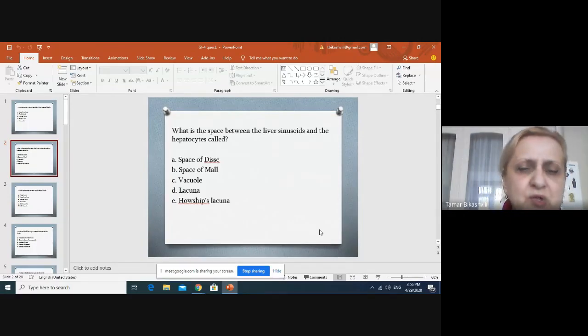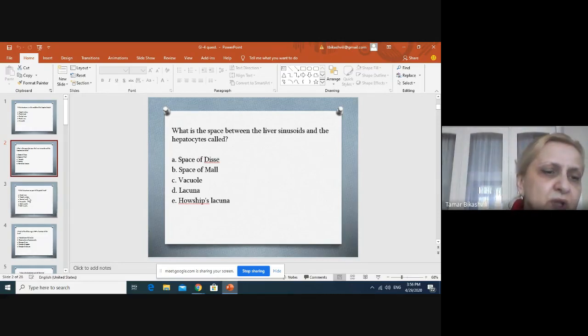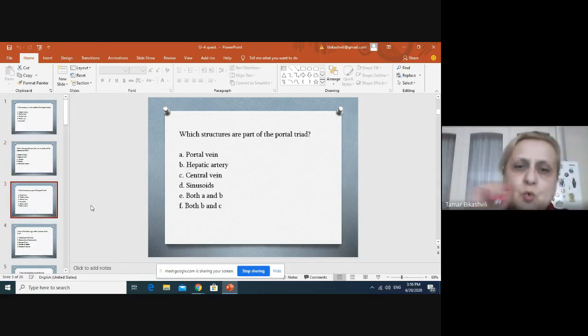So vacuole, lacuna: lacuna is associated with the bone cells, and Howship's lacuna is also associated with bone cells, with the osteoclasts.